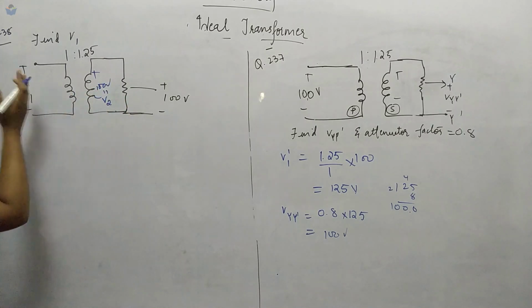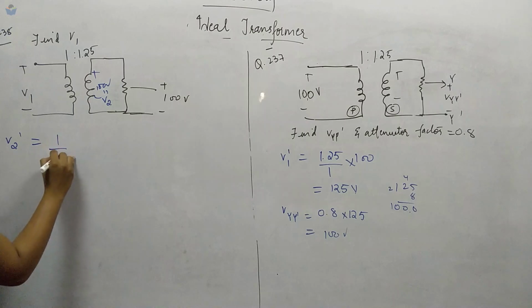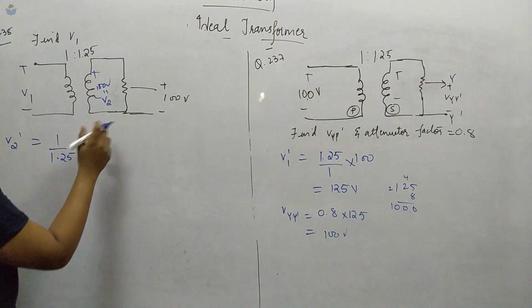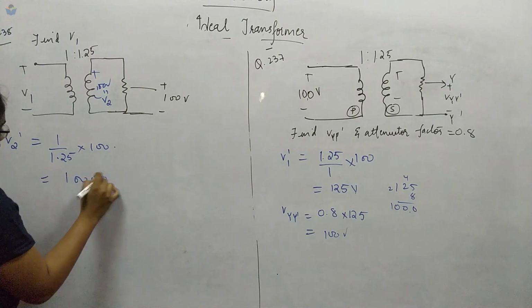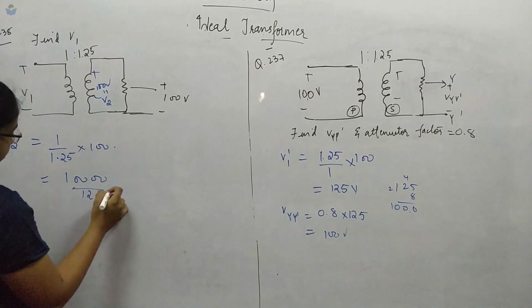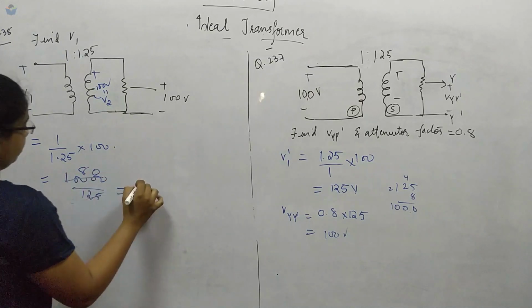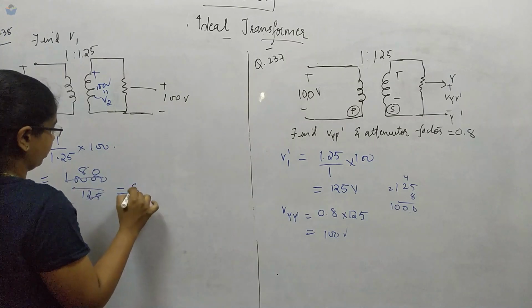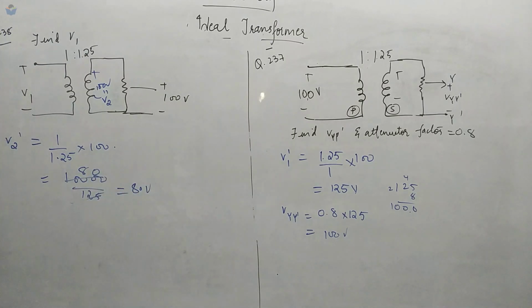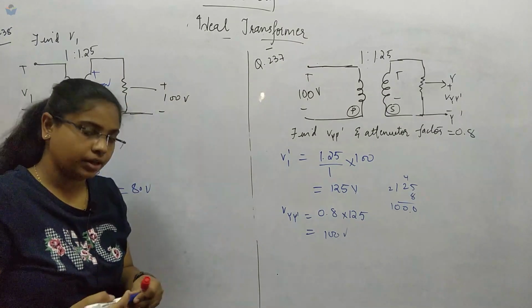Now we are referring from secondary to primary, so we have the referring factor into 100, the actual value. So this will be 1000 upon 125. So 125 times 8 is 1000. So this is 80 volts. This is about the concept of referring parameters.